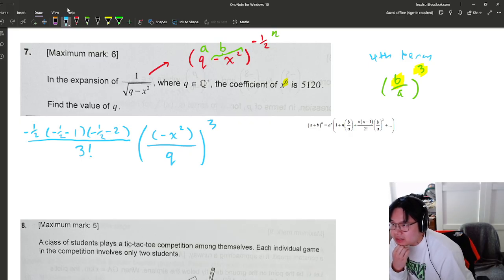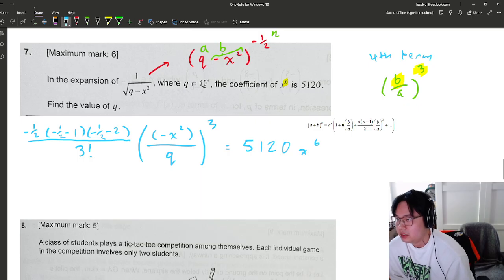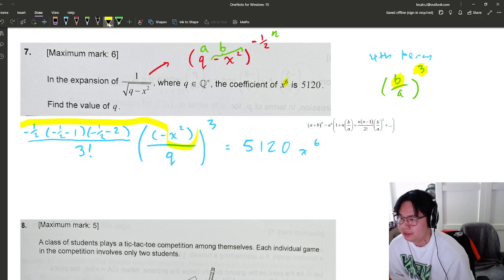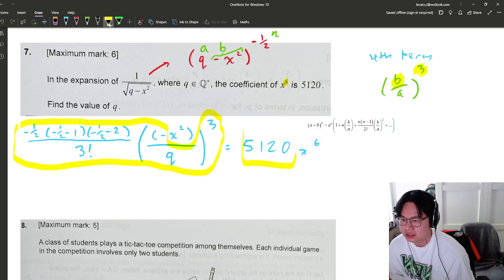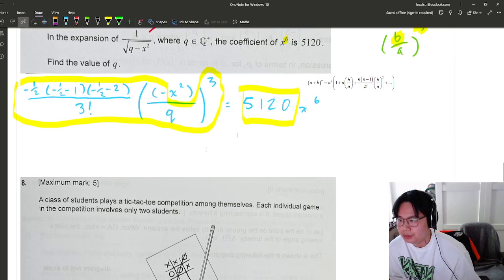Okay, and then this is equal to 5120 x to the power 6. So all of this stuff is 5120, and then we can use this to solve for q.